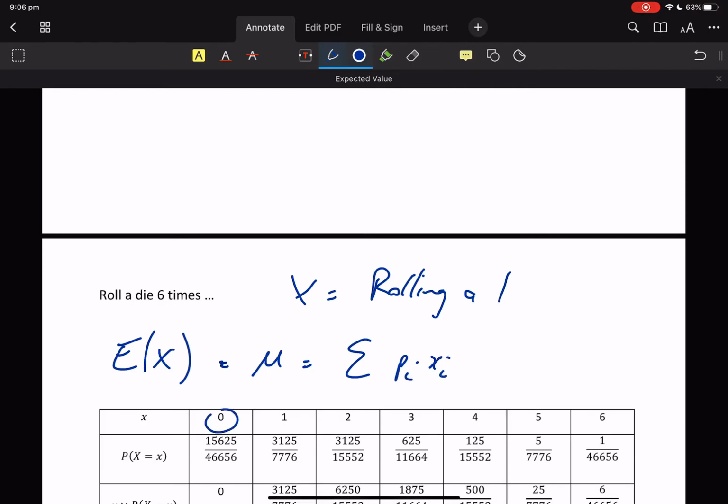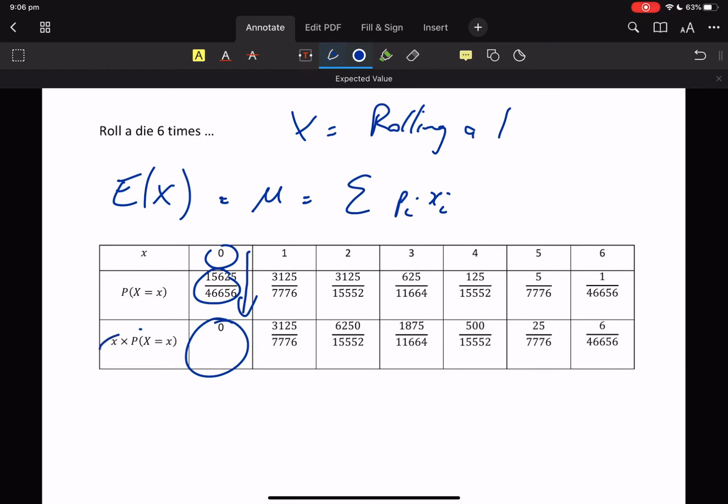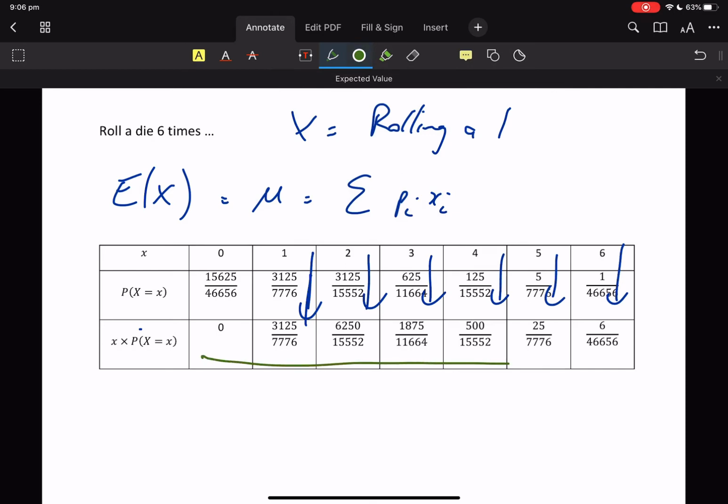So I need to get this X and the P and multiply them together to get an answer, which is X times P of X. So I'm going to multiply down, and then I'm going to add across. Take a screenshot of that, get your calculator out, add them up, and you're going to get, let's put it in red, 1.